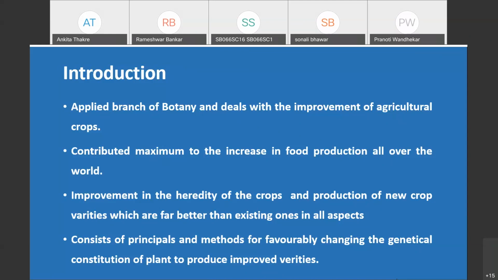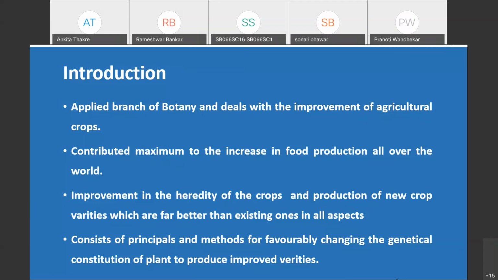Plant breeding is the improvement in the heredity of crops and the production of new crop varieties which are far better than the existing crop varieties in all the characters, in all aspects.